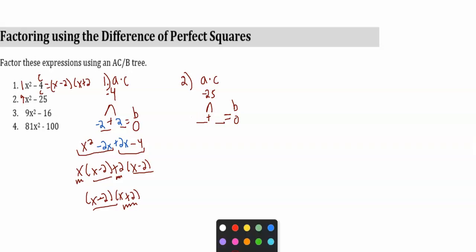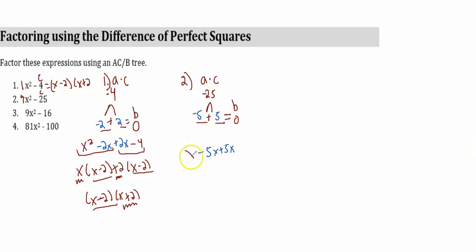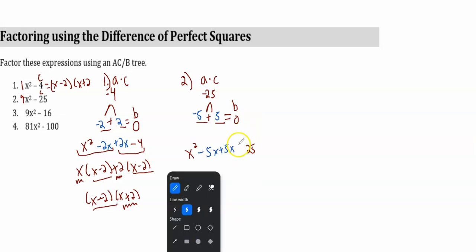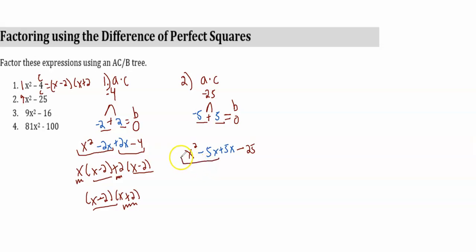I'll do those in my color. So I am saying that x squared minus 5x plus 5x plus 25 is the same as what I originally had, and then I can do my grouping.